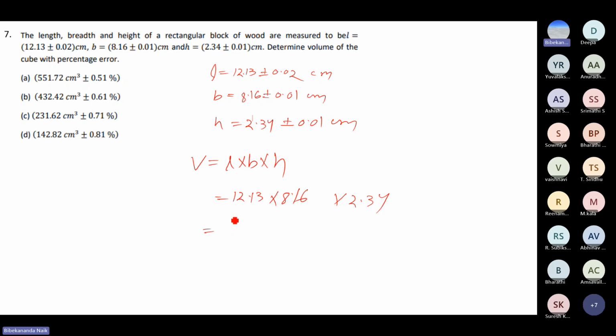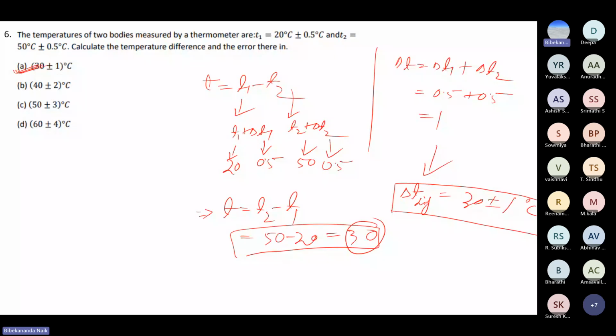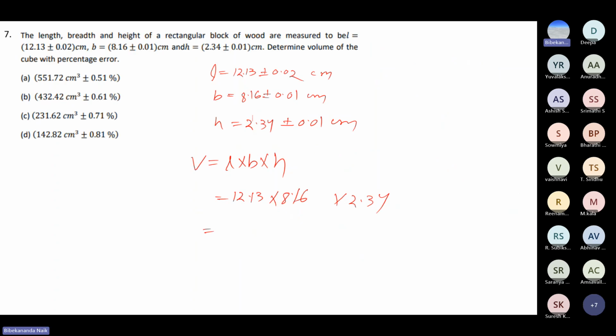As you can see, in the previous answers there was no percentage, 30 plus minus 1, and both are in degree Celsius. But here the volume is in centimeter cube, and the error is given in percent.